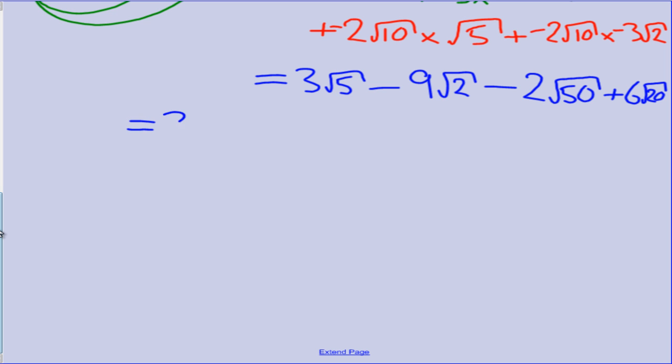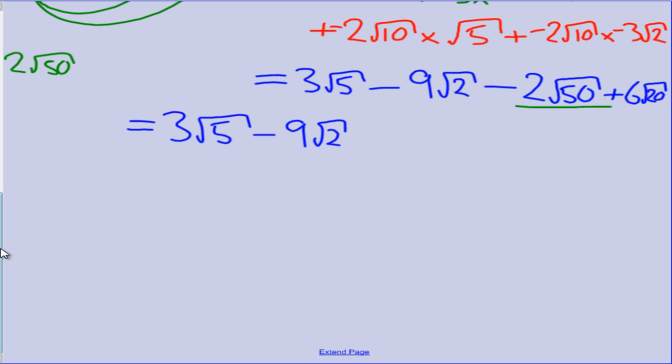3 root 5 is as simple as it can get. 9 root 2 is as good as it gets. 2 root 50, that can be simplified. What I'm going to do, I'll highlight that, underline that in green, and go over the side here and say that we're going to do that as a little side project, so to speak.